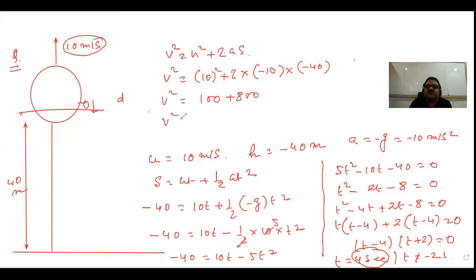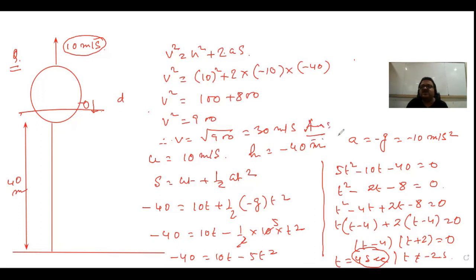So v square equal to 900 and v equal to root 900. That is 30 meters per second. Here we don't have to consider any sign because the question is asking the speed, not velocity. If it is velocity, then I have to consider the minus sign. Correct? So this is the answer.